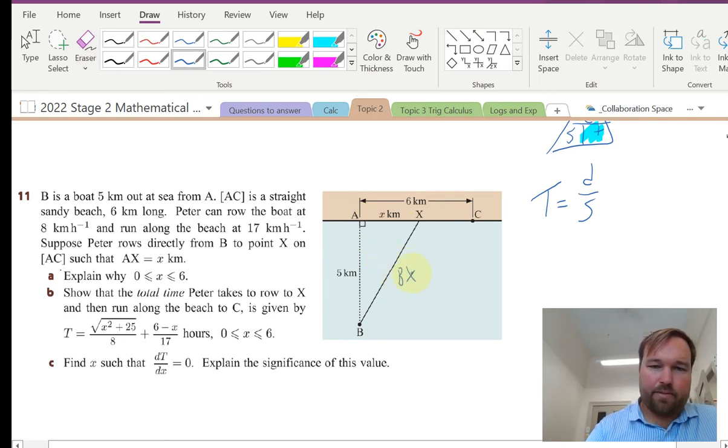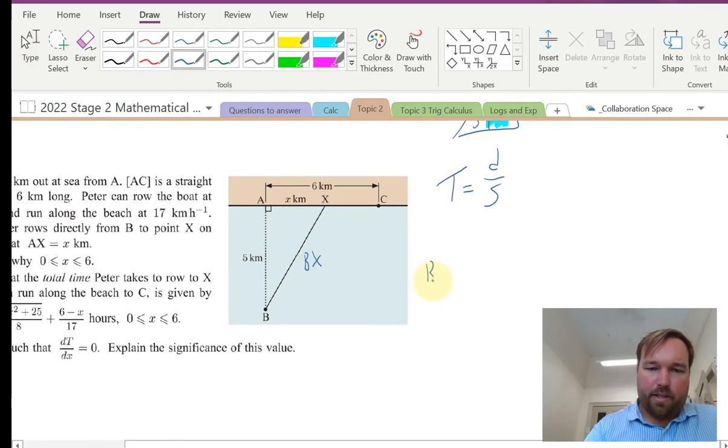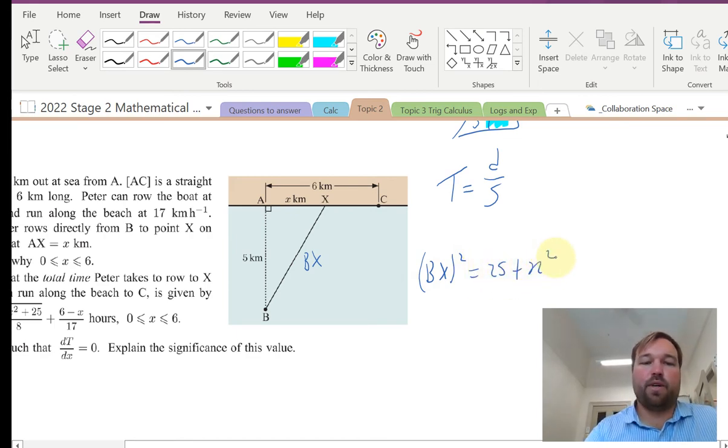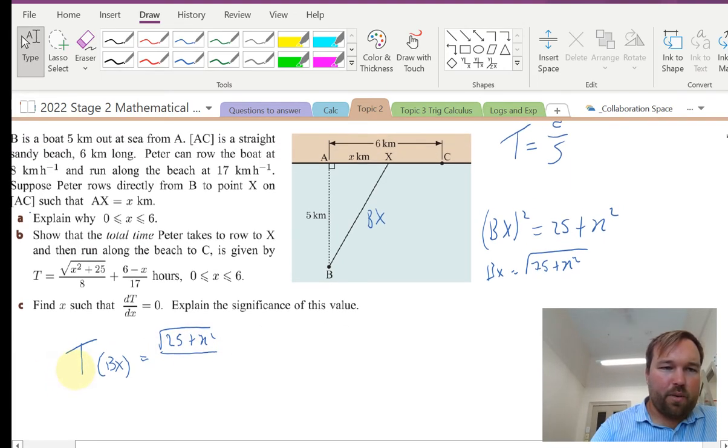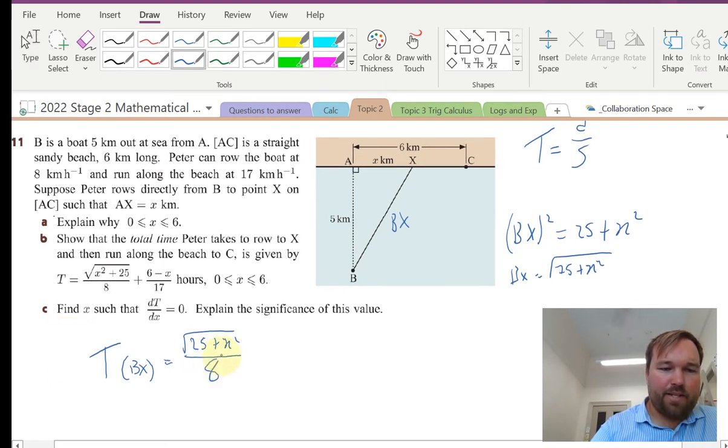So BX squared is 25 plus x squared, or 5 squared plus x squared. So BX is the square root of 25 plus x squared, meaning the time for BX is equal to the square root of 25 plus x squared over the speed at which he did it, rowing a boat, which is 8.